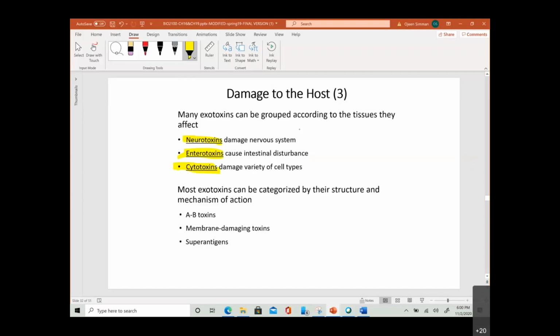Exotoxins can also be classified according to their structure and mechanism of action. The three categories are the AB toxins, membrane damaging toxins, and the superantigens.